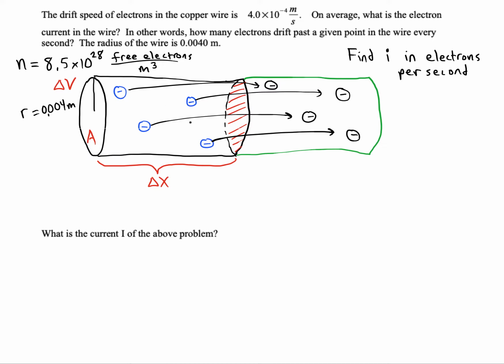Now, from the geometry of this cylinder, we can see that one way to express the volume would be by multiplying the area times the length.